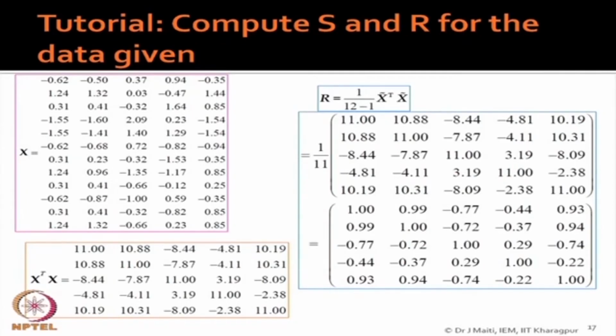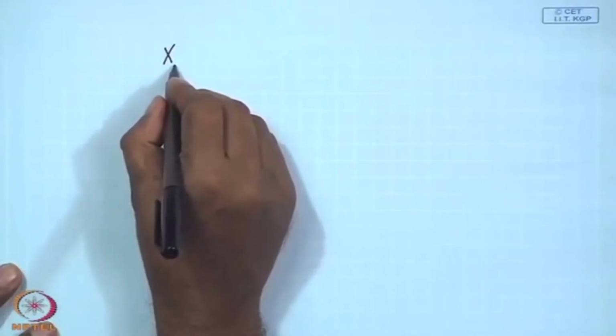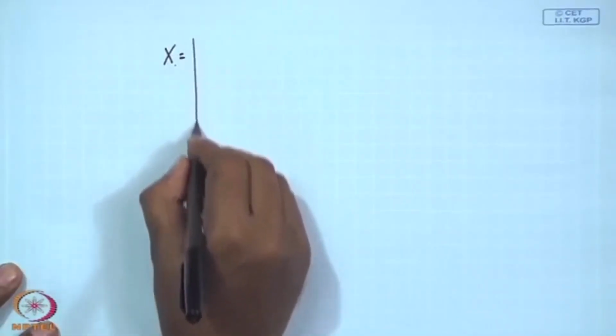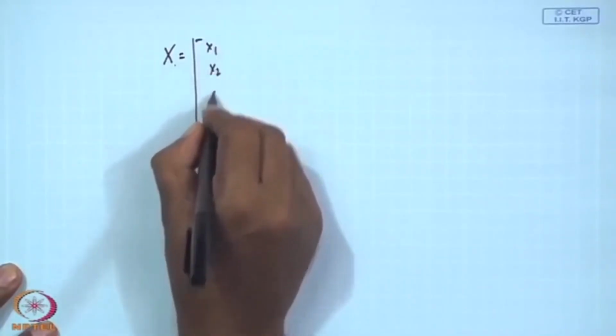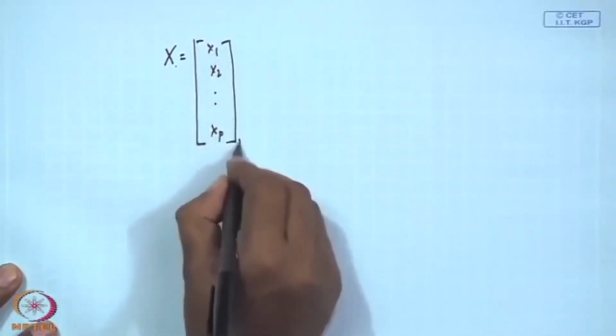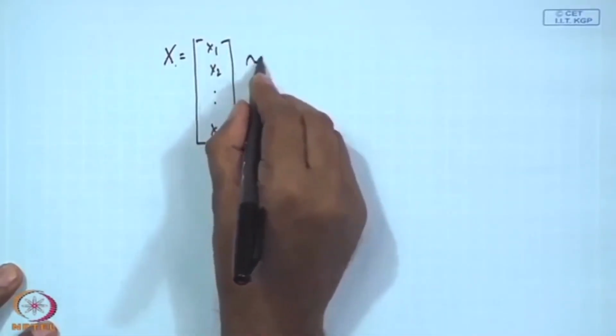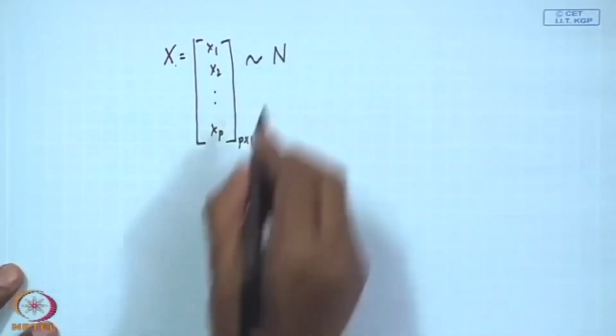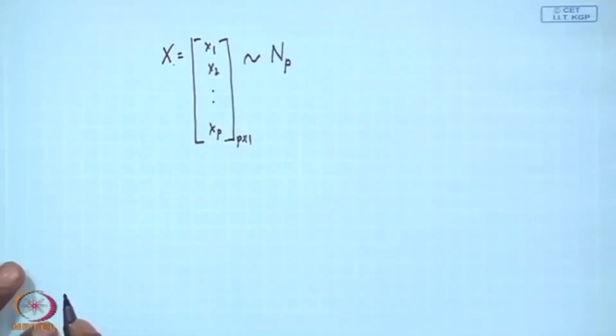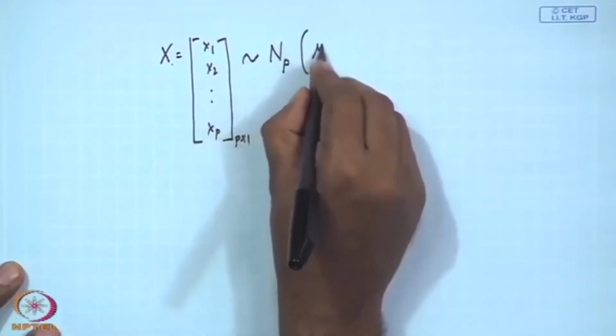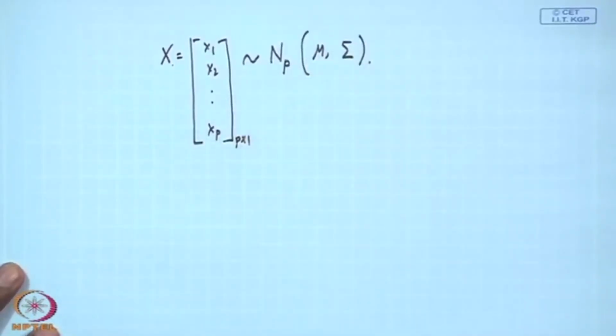Okay. Now, although next class I will explain in detail when we start the multivariate normal distribution, what have we assumed here? We have assumed that x is a variable vector x1, x2, up to xp, that is p cross 1, and we assume that it follows a multivariate normal distribution, denoted by N_p(mu, sigma).